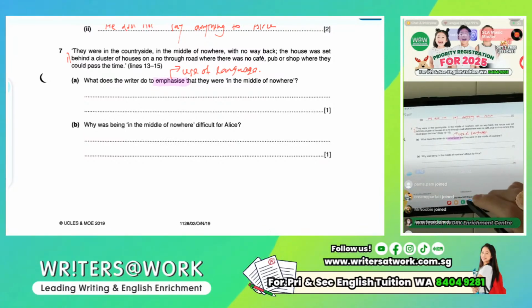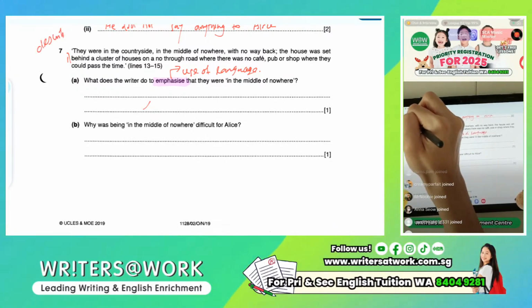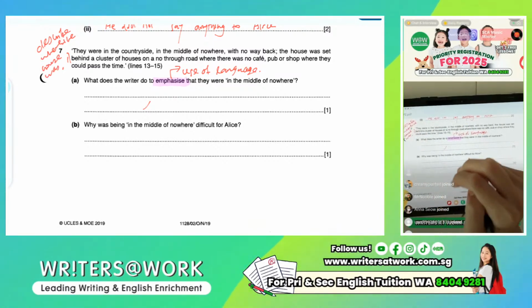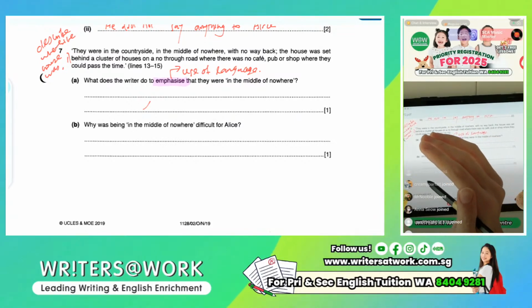So as we observe, the author actually describes where the house was, where the log house was. Okay, and he was trying to highlight that there was no way out for Alice and the rest of them.